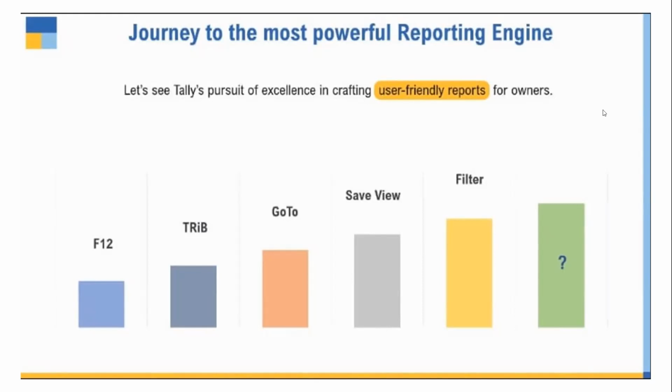Then when Tally Prime 3.0 came, Tally brought the main option of filters. The filters, range and values, we had already used in ERP9, but that has been enhanced in a better way, using multiple filters, single filters, and advanced filters to make users more comfortable. And then voucher number retention.